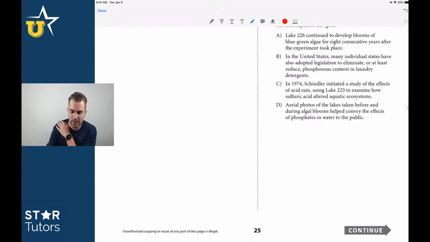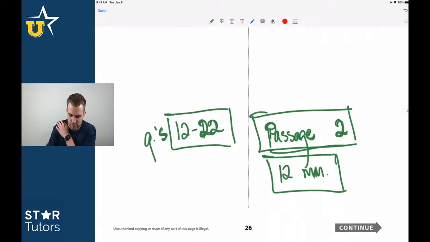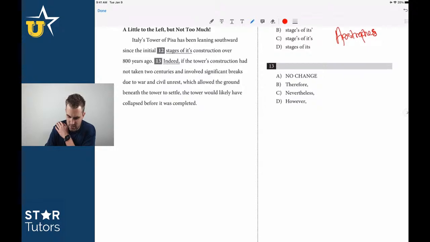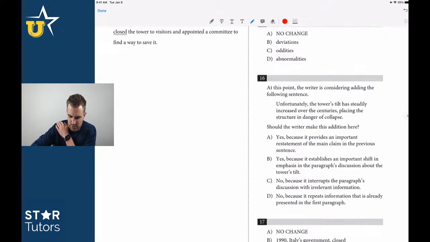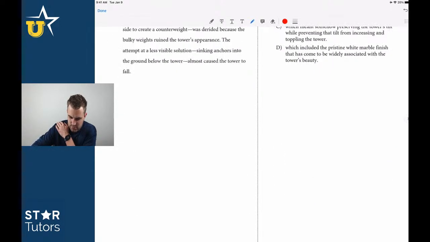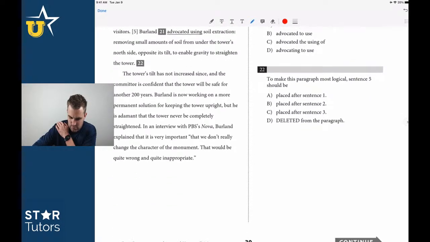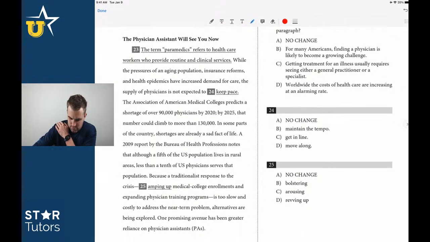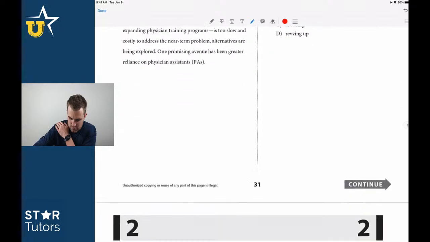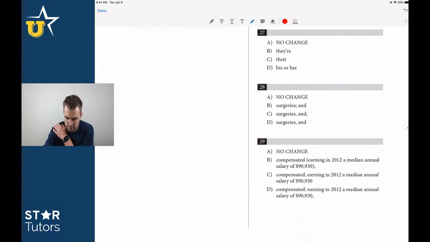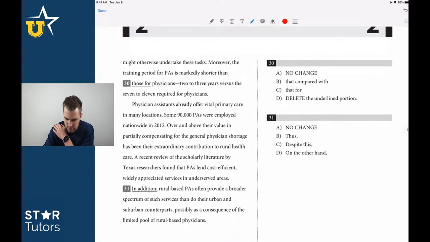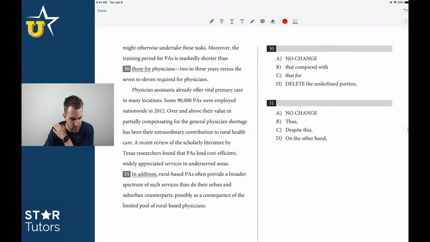Oh, logical comparison. Yeah, far fewer than. Daniel, do you know if that is one of these on this test form? I know what you're talking about. That compared with.